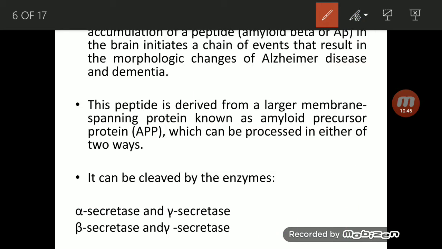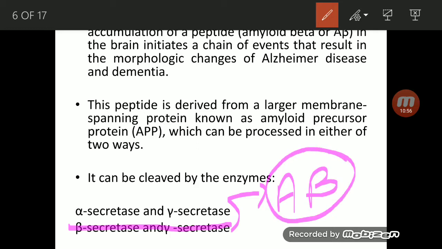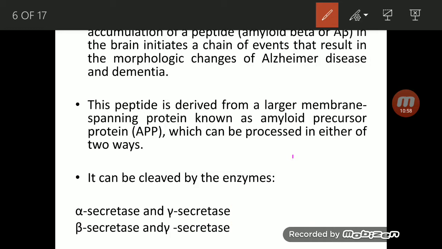But if your APP is cleaved by beta secretase and gamma secretase, then it leads to deposition of amyloid beta plaques. Okay, again I am telling you, APP is a protein. Okay, its main role is to help in your growth and repair of your neurons. So after its function has been carried out, just like any protein in your body, these protein also needs to be disintegrated and recycled.